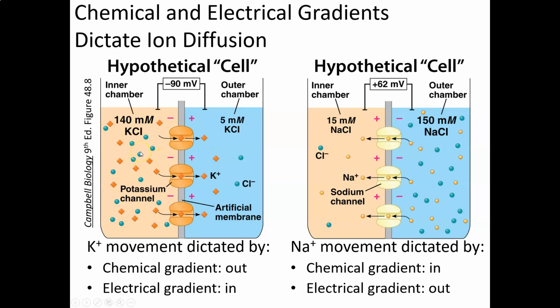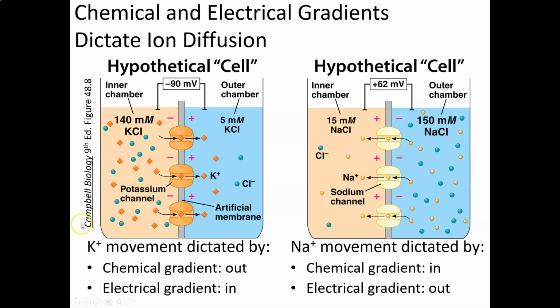But what happens is interesting. Now that we have an electrical gradient that is negative inside and a chemical gradient that's positive moving out, they oppose each other. And I think we all know that opposites tend to attract. So the positively charged potassium ion is actually going to tend to now stay in the cell because the electrical gradient, the negative charge, is equal and opposite.